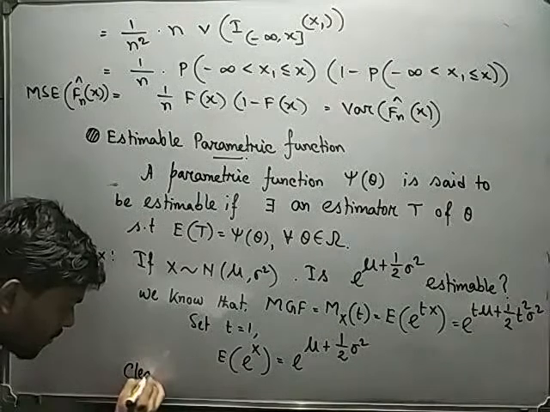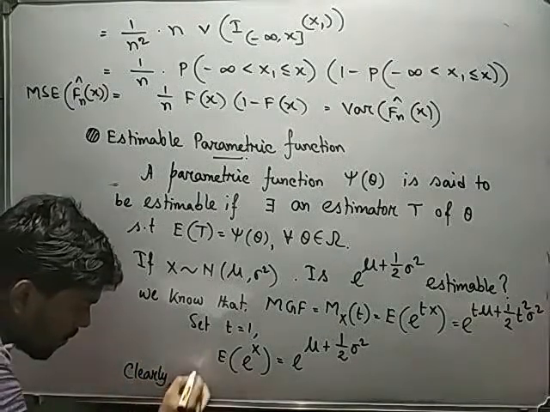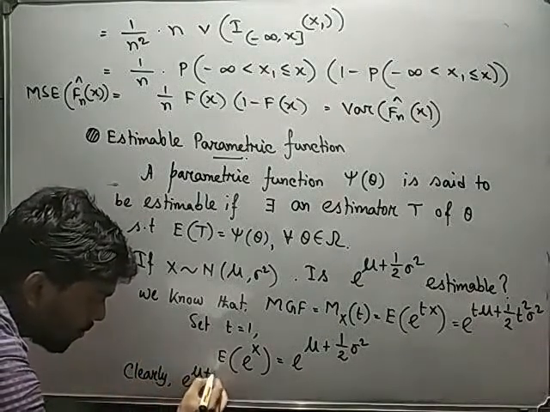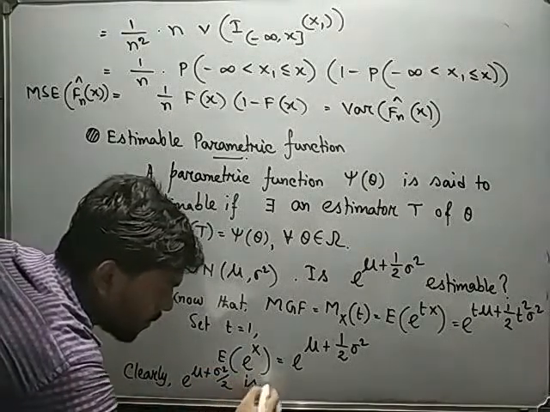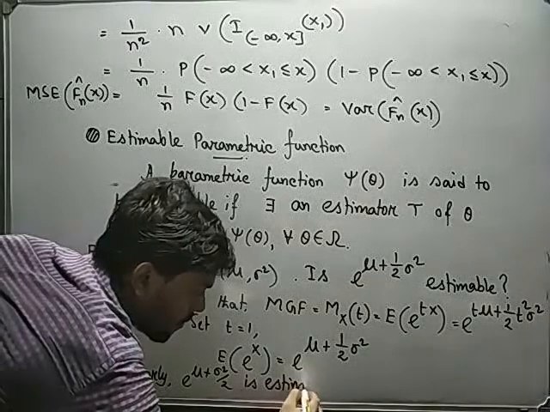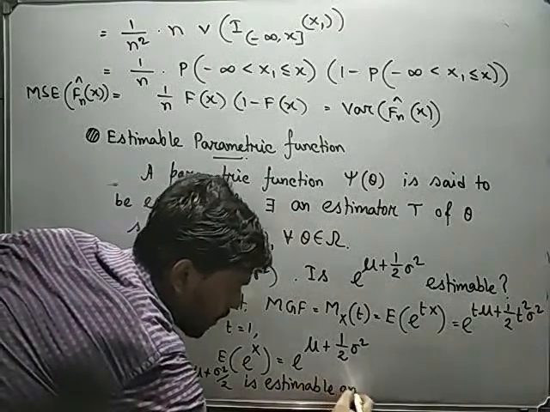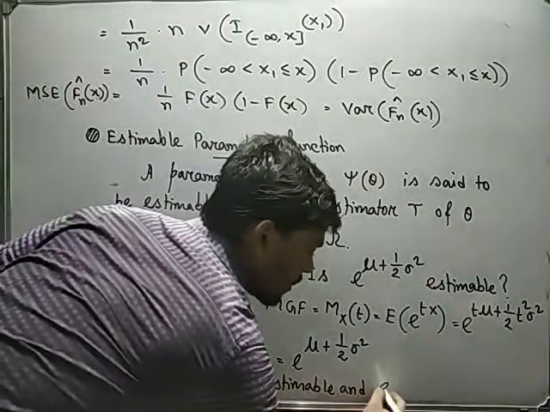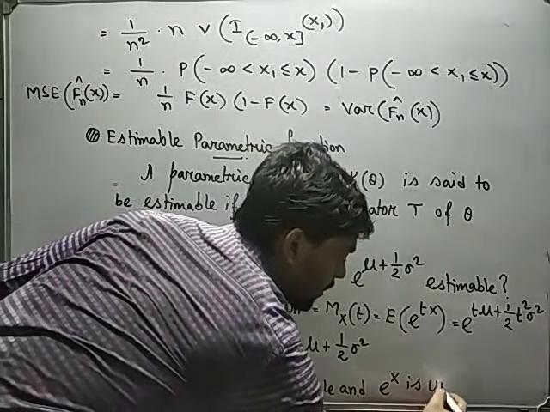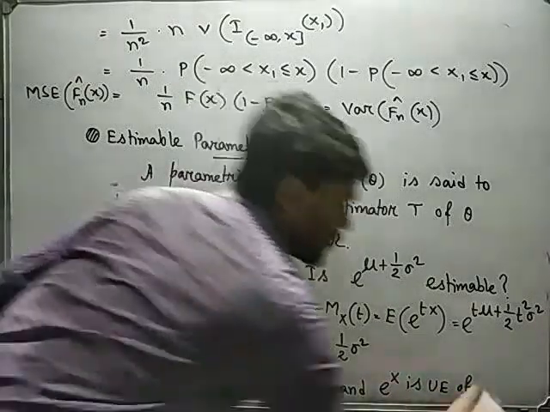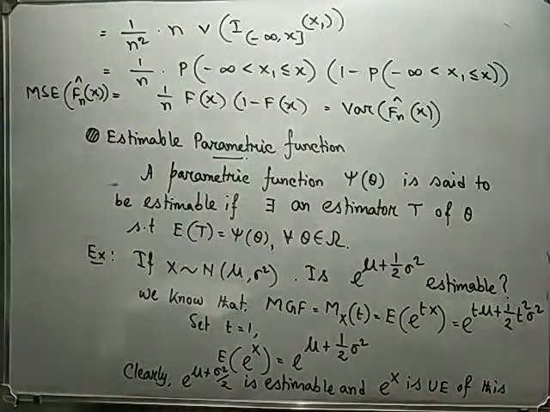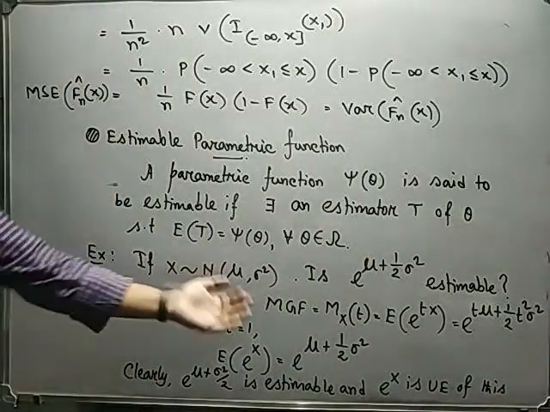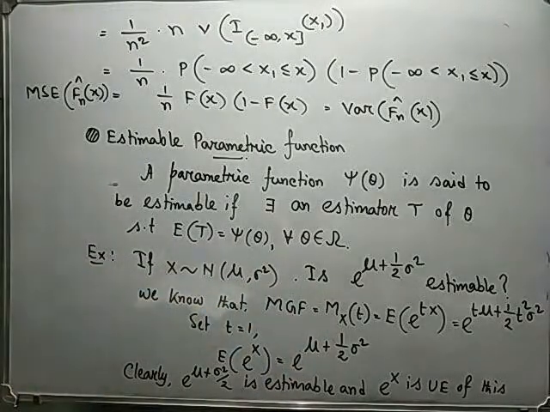So clearly, e to the power mu plus sigma square by 2 is estimable, and e to the power X is the unbiased estimator of this quantity. So let's have another example.